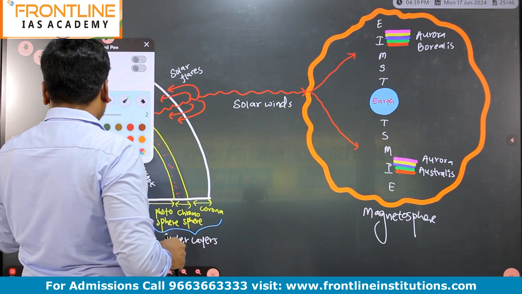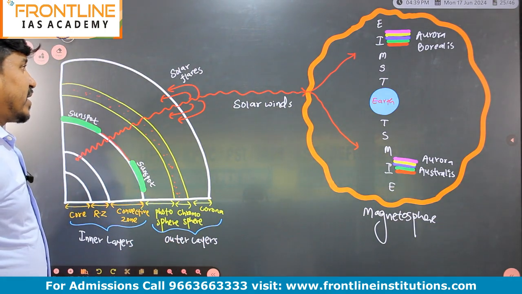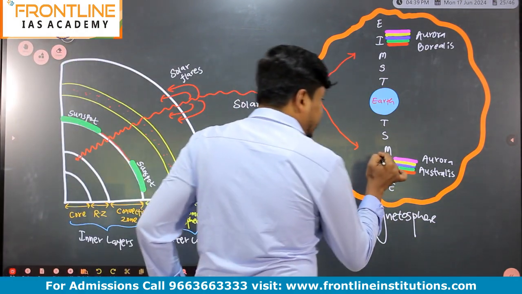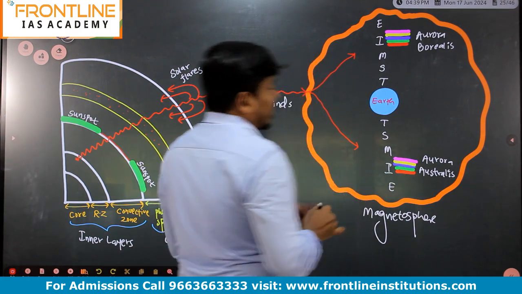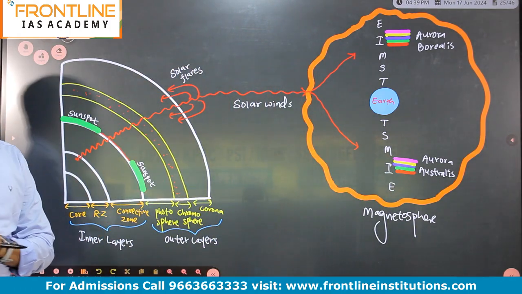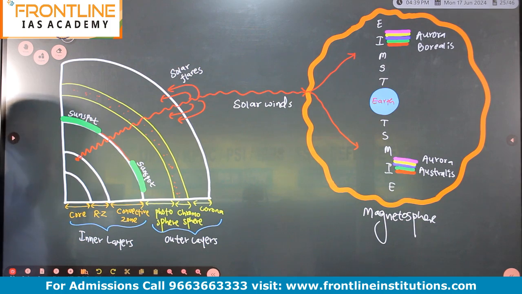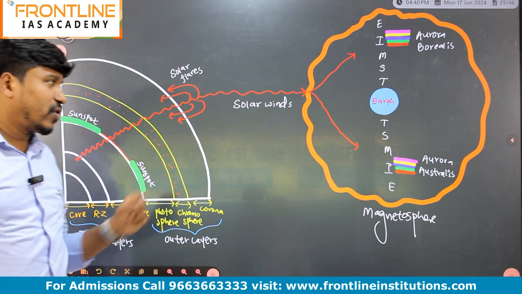Listen. Aurora borealis and aurora australis form in the ionosphere. If you get the question, in which layer of the Earth's atmosphere auroras form, then answer ionosphere.